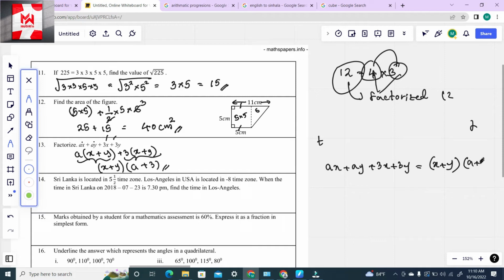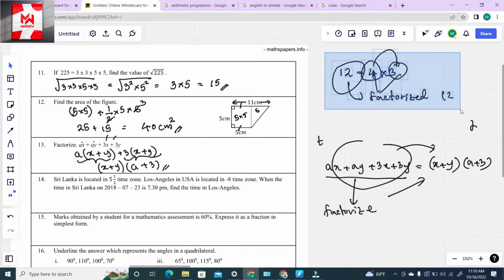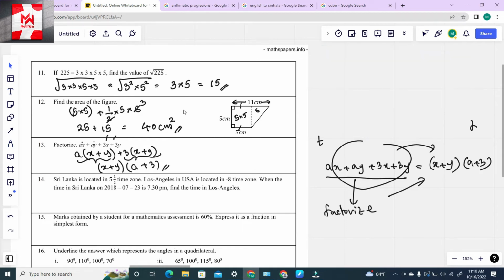When you multiply this one, this answer should automatically come. This is called factorized. When we factorize this one, this is the answer. If you want, you can just multiply and check, for your understanding: x plus y multiplied by a plus 3.